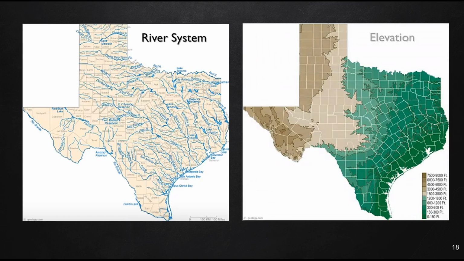As you can see, those river patterns all generally trend down towards the Gulf and ultimately into the Gulf of Mexico. In the west, higher elevation and then lower elevation towards the east. So that's exactly why these rivers are flowing in this direction. Again, you're just thinking spatially. Why are these rivers flowing in a particular direction? Elevation.